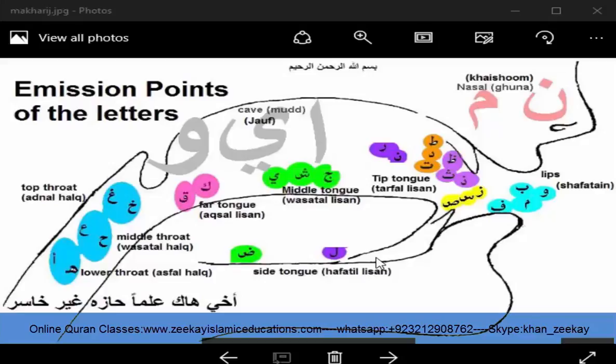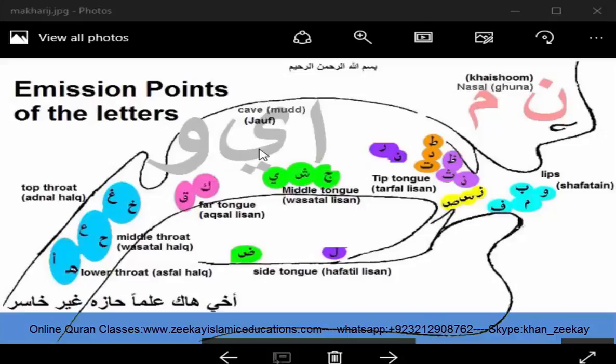When these letters are in sukoon, having jazm on them, and are joined with another letter, they are pronounced with the cave. You can see here alif, ya, waw. This origin in Arabic is known as Jawful Fam, and the letters alif, ya, and waw are pronounced from here.